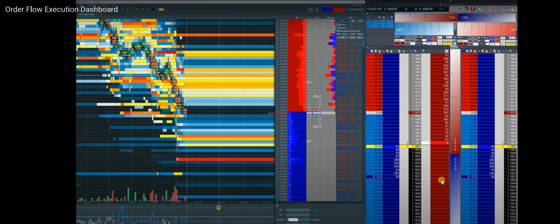As you can see, you can set it up in different ways, and what I have here in the middle is the prices, and on each side, right and left, you can see the resting orders or the limit orders. Those are all the resting limit orders on the bid and ask.